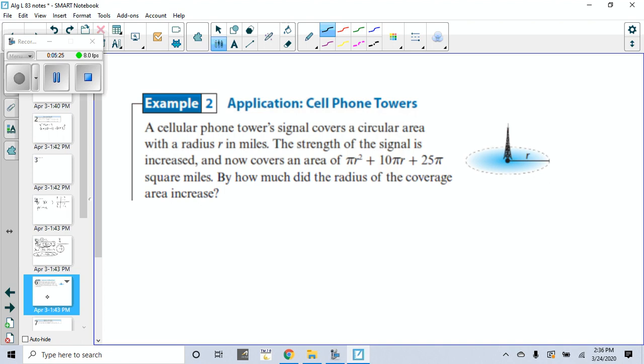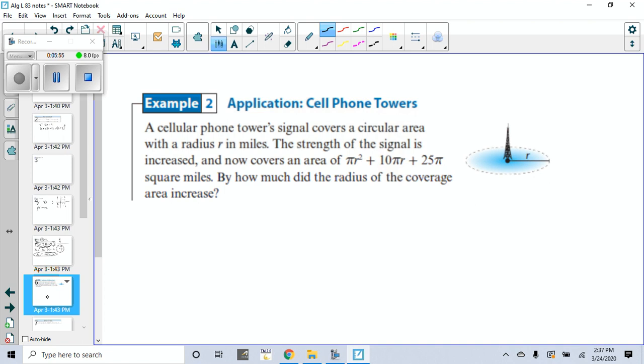All right, so here's a problem. Application: cell phone towers. A cellular phone tower signal covers a circular area with a radius of r miles. The strength of the signal is increased and now covers an area of pi r squared plus 10 pi r plus 25 pi square miles. By how much did the radius of the coverage increase?